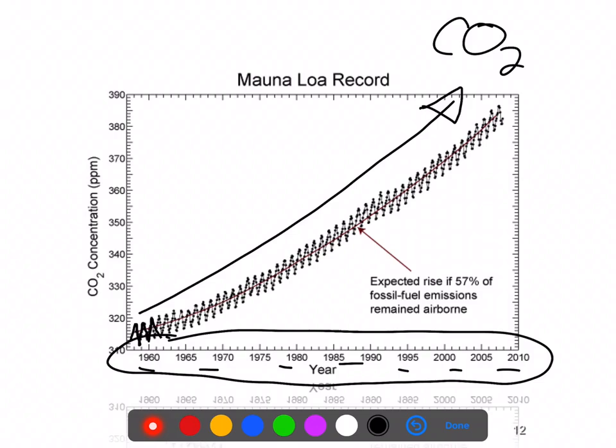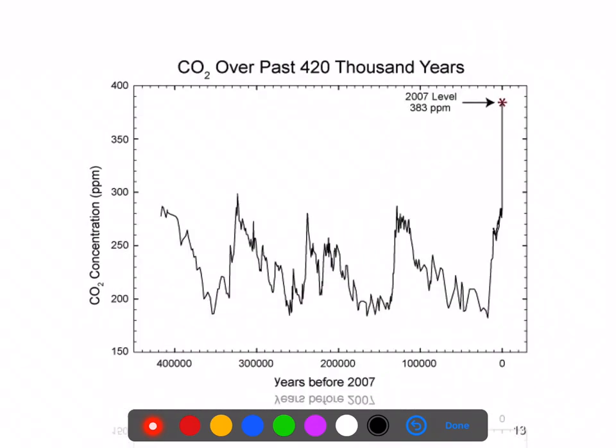We're going to learn about something called the law of superposition when we discuss evolution. But basically what it says is that the farther down you dig, the farther back in time you go. So if we dig polar ice regions deep, deep, deep down, we're going to take a glimpse as to what the atmospheric gases were like many, many years ago.